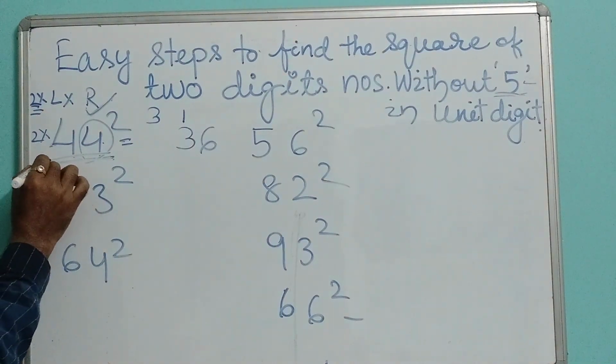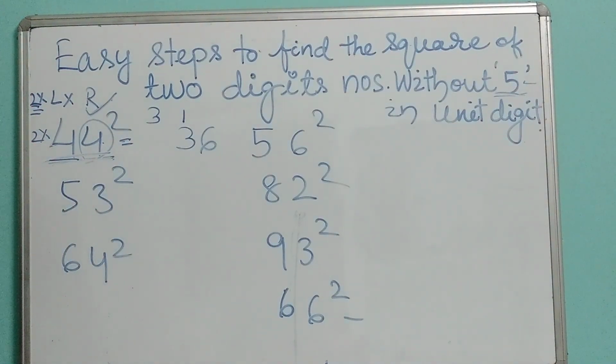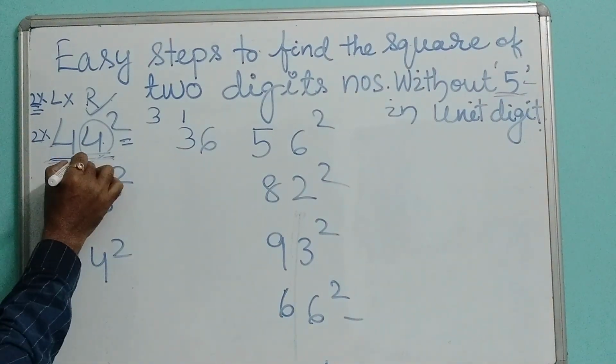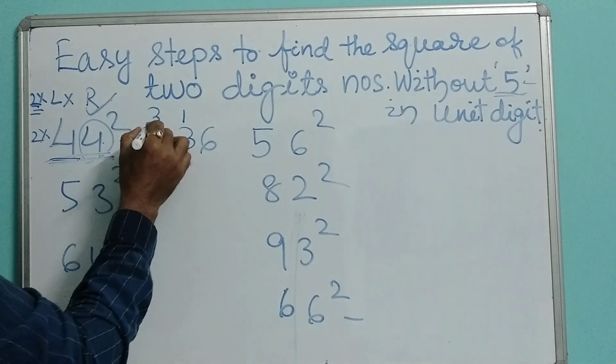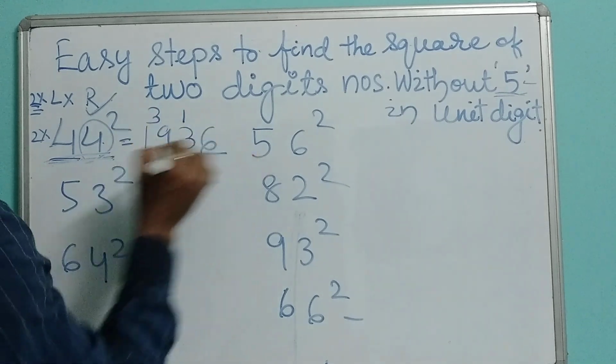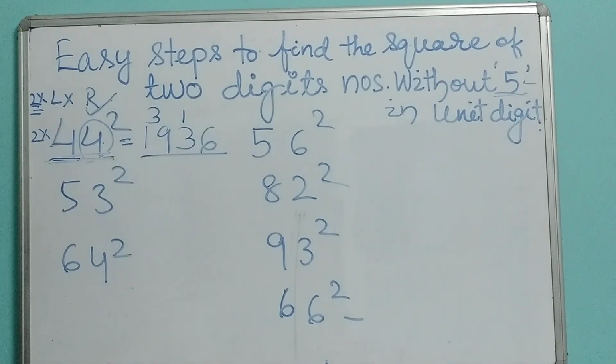Then the final, third step is the left side digit square. 4 square is 16 plus what you have carried, 19. This is the answer: 1936. Learn these steps slowly first, then you will move speedily. Randomly take your own number and find the square.